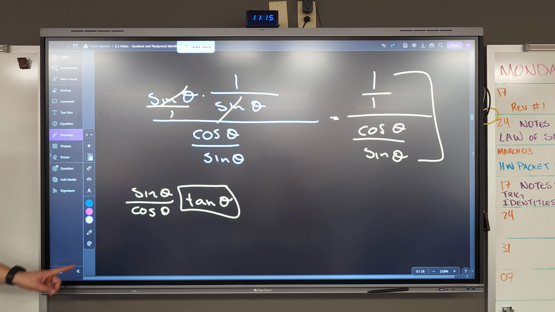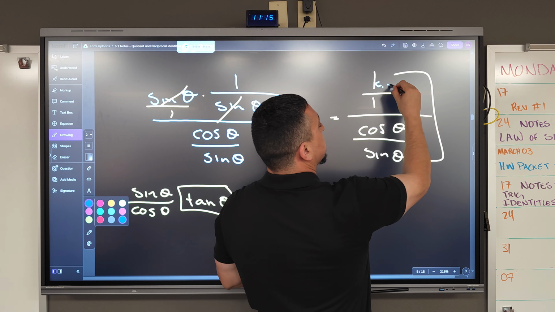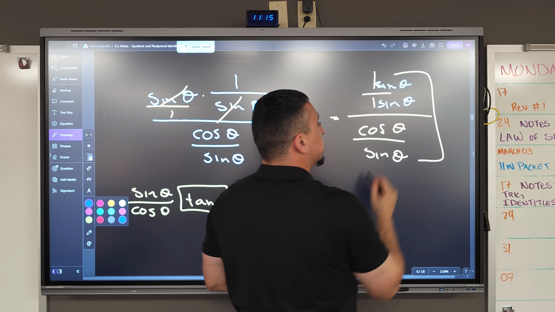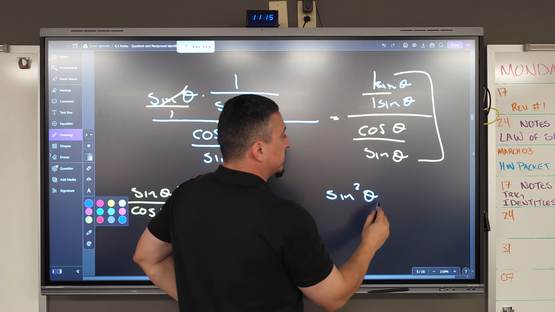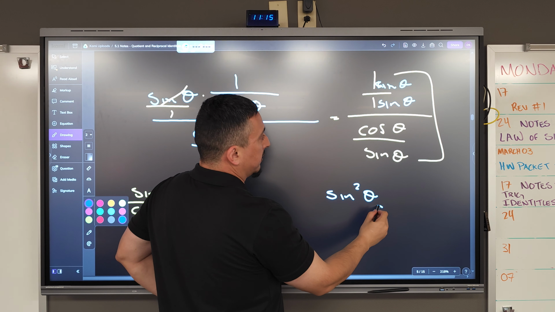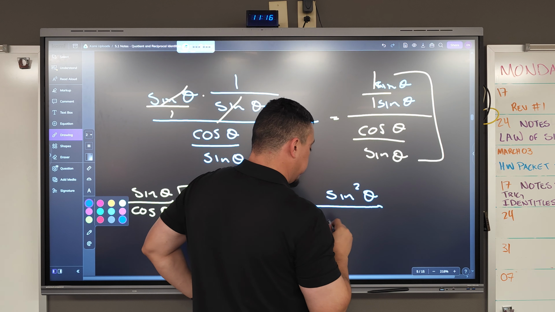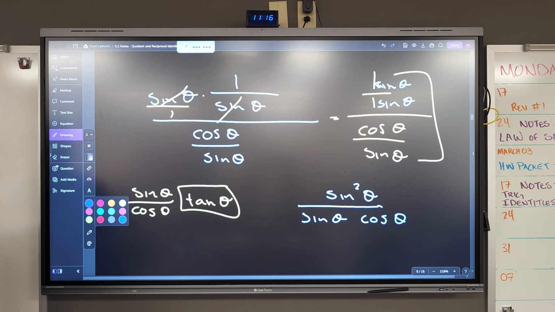Now a lot of you didn't cancel your sine, so let me show you how it looks that way. If you left this as sine theta, and you left this as sine theta, then I saw you write sine squared theta over, what was it, sine cosine on the bottom? That's what I saw a lot of you do when I was walking around.